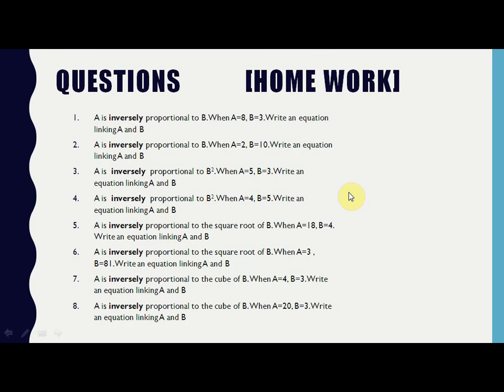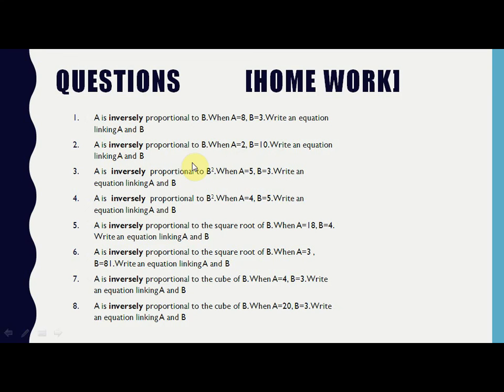Now we have homework for this topic, inverse proportion. I am going to define all these questions for you, how to solve them. The first is: A is inversely proportional to B. The second one is also A is inversely proportional to B, but the values are different.